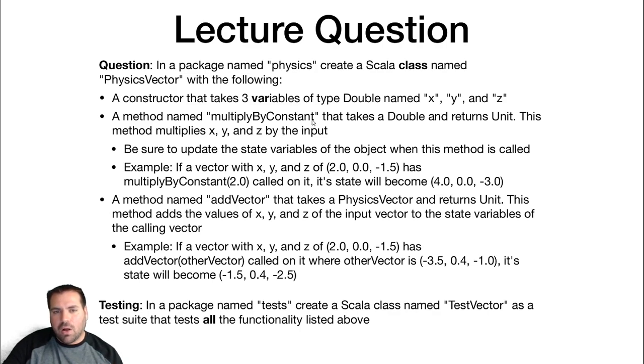Inside that method call, this is going to be a reference to whatever vector you said dot multiply by constant on. So this stores the location in memory of the object where you said dot method name. Which hopefully makes a little more sense now that we've seen the heap, at least quickly.